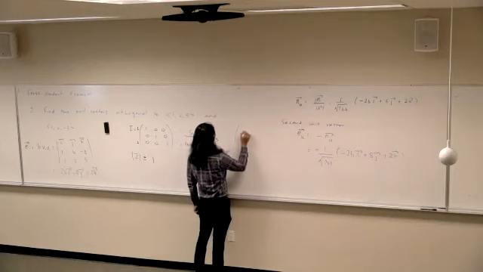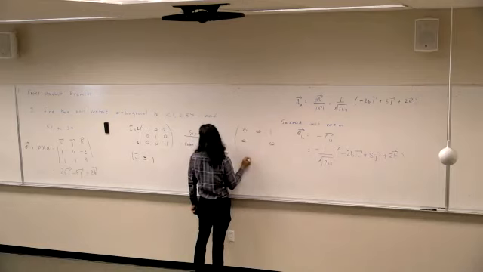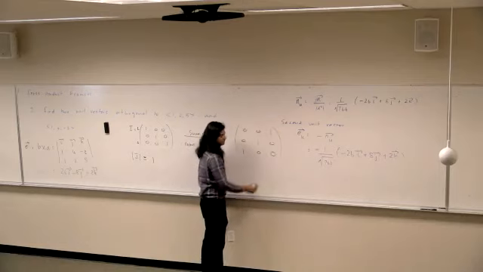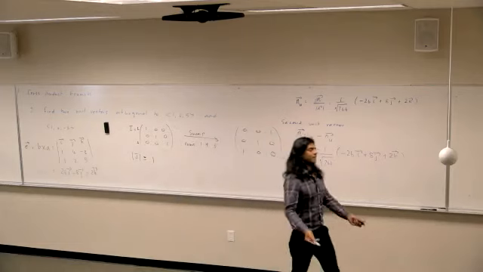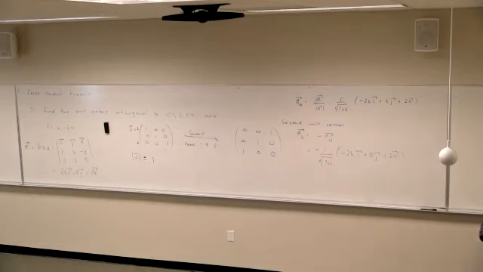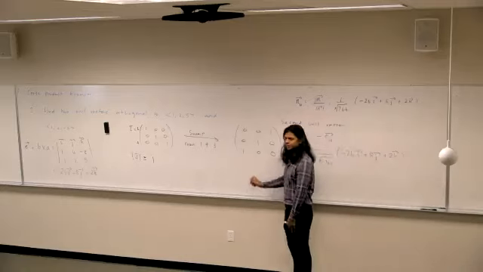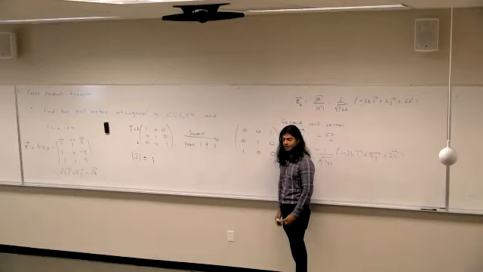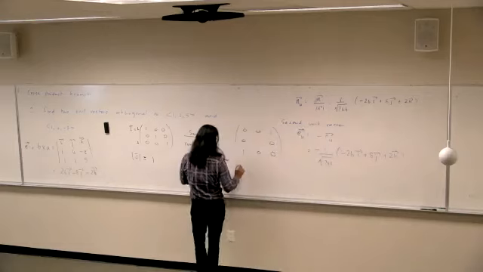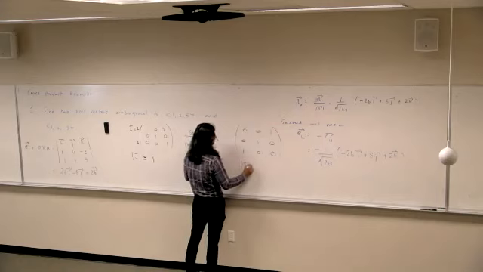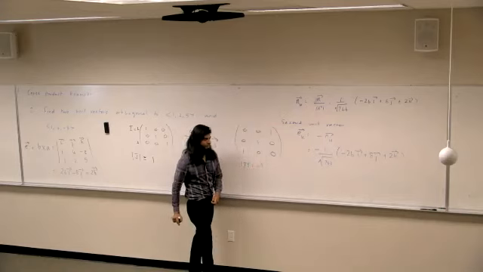I will write it as 0, 0, 1. 0, 1, 0. 1, 0, 0. Yes. What is the determinant? Want to give it a try? If you go through the process of determinants, you will get -1. In this case, the determinant is -1.